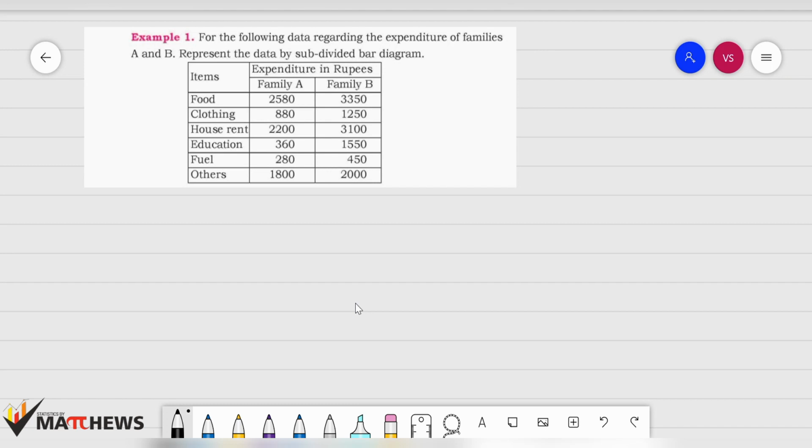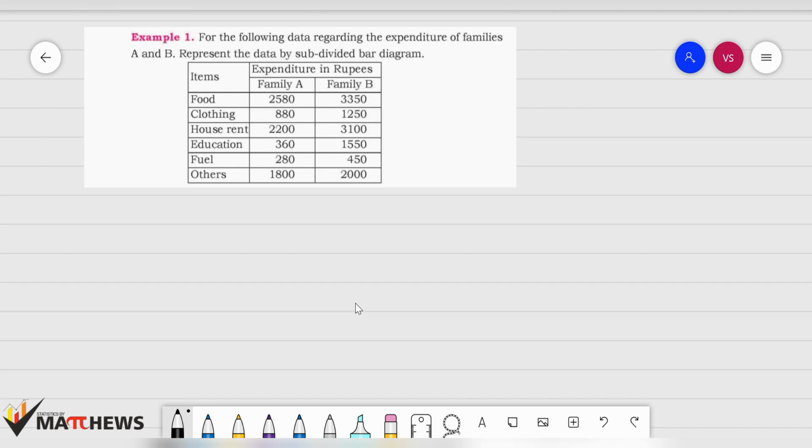So in that whole bar of 520, you have to divide for English, Kannada, Hindi, mathematics, science and social science, and separate them accordingly.